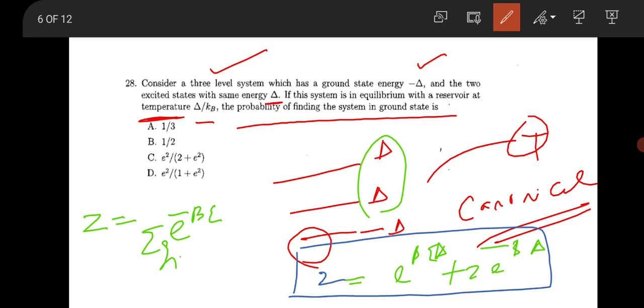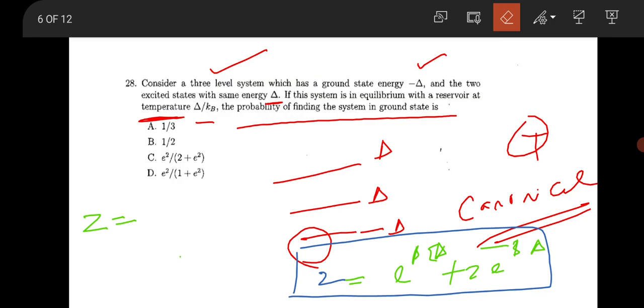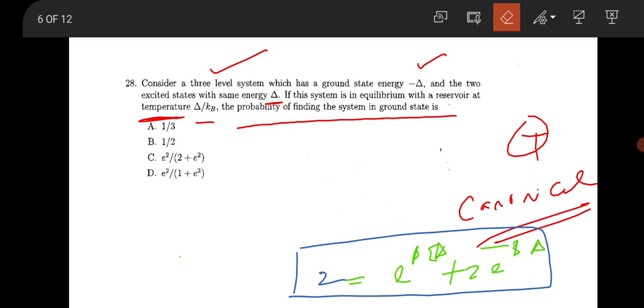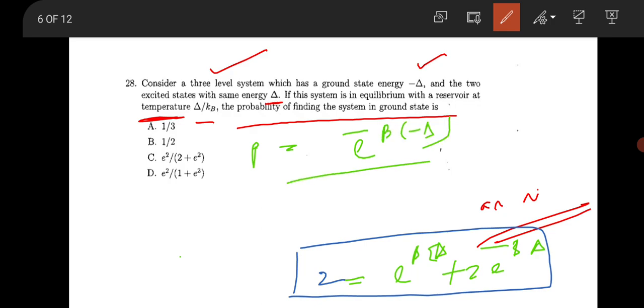Now you have to find the probability of finding the particle in the ground state, that is the minus delta energy state. The probability will be e to the power minus beta into minus delta divided by the partition function, that is e to the power beta delta plus 2 into e to the power minus beta delta.